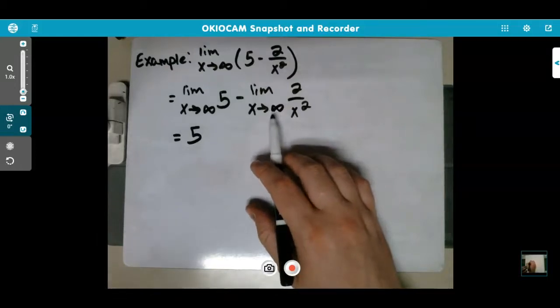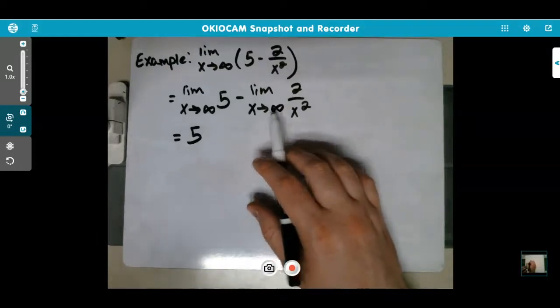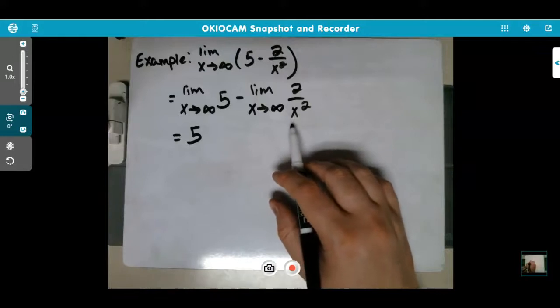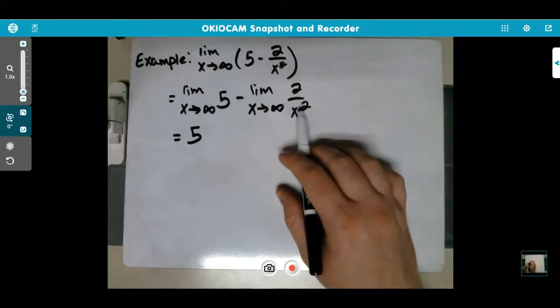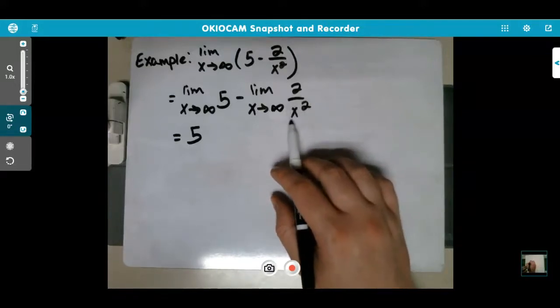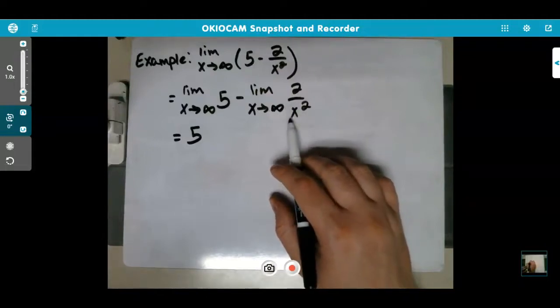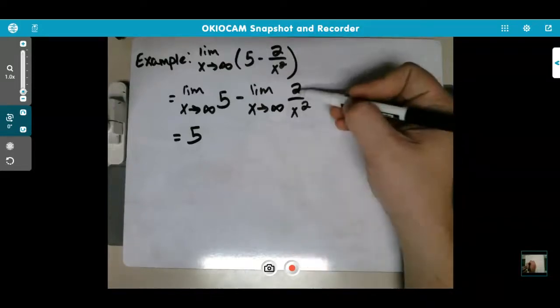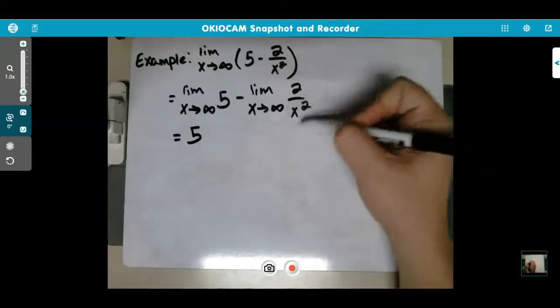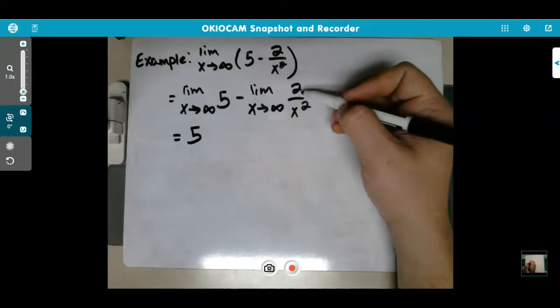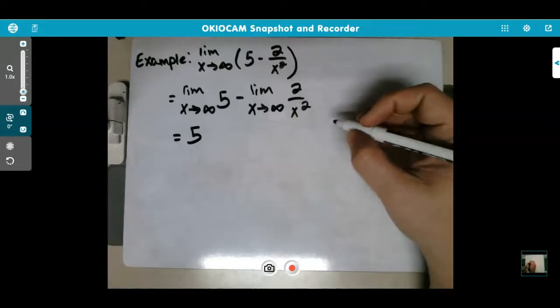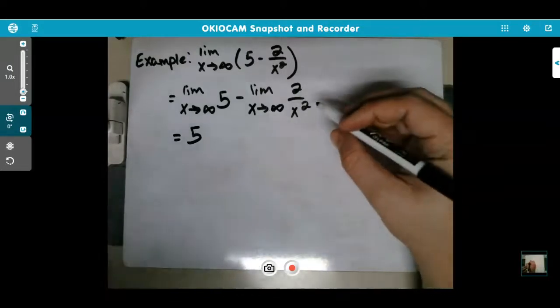So as x gets really big, let's look at what happens to x squared. Well, if I square a thing that's really big, that's going to also be really big, right? So this is 2 over something that's really big. Well, 2 over a number that's really big, let's see what happens there.